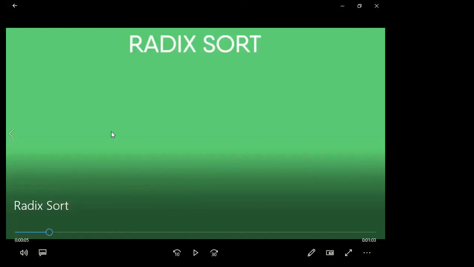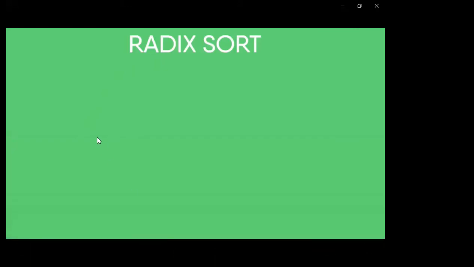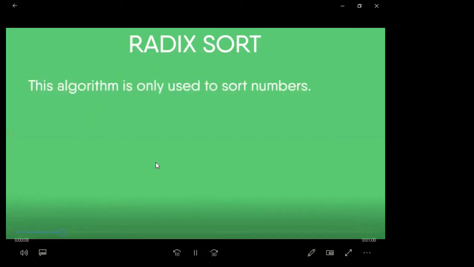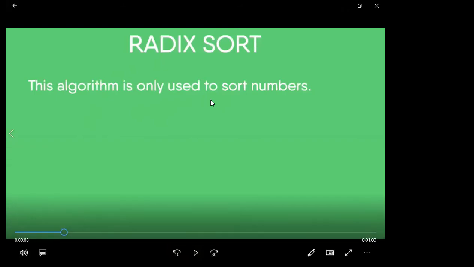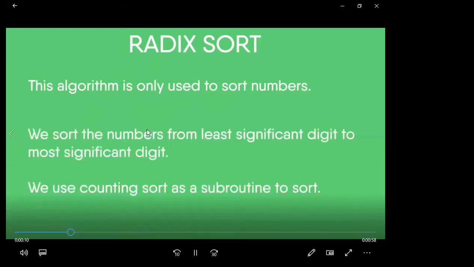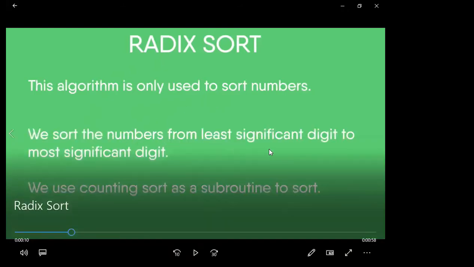So let's see radix sort now. What is radix sort? So let's see that. The algorithm is only used to sort numbers. So we cannot sort alphabets or strings with it. We sort numbers from least significant digit to the most significant digit.